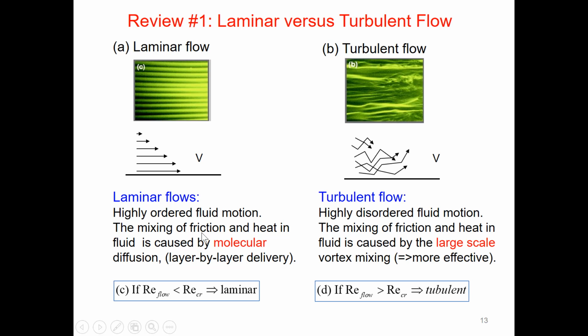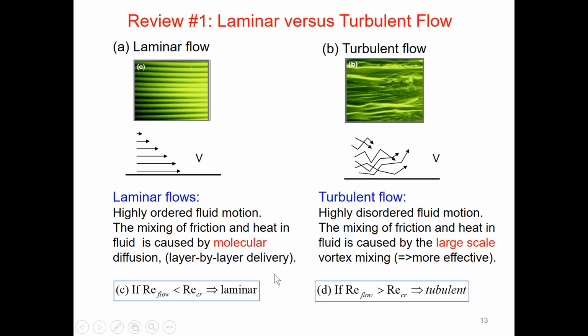The mixing of friction and heat in the fluid is carried by the molecules layer by layer. On the other hand, turbulent flow is highly chaotic. The mixing of friction and heat in the fluid is carried by large-scale vortex mixing.